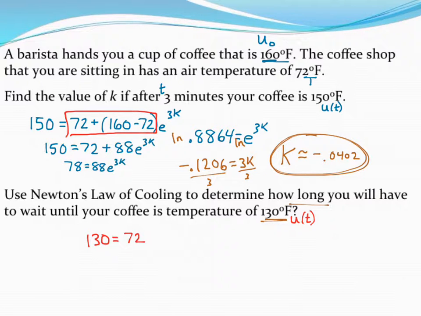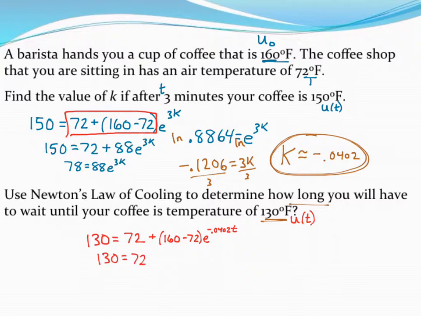The air temperature is still 72. The initial temperature of the cup of coffee is still 160 when I'm handed it. And then I'm going to do that times E, raised to my constant, so negative 0.0402, and then times lowercase t for the time. So let's go ahead again and simplify what we can and then solve this to figure out the time.